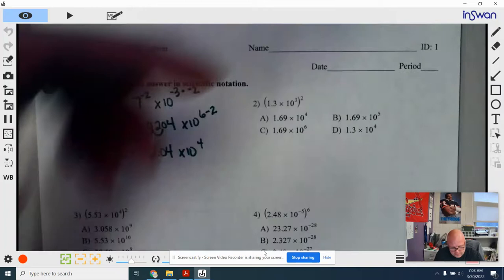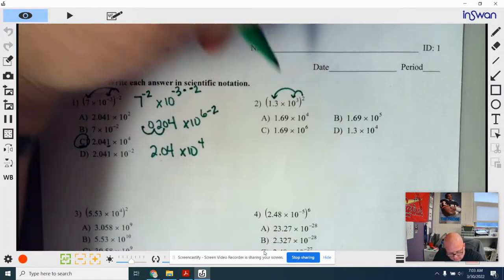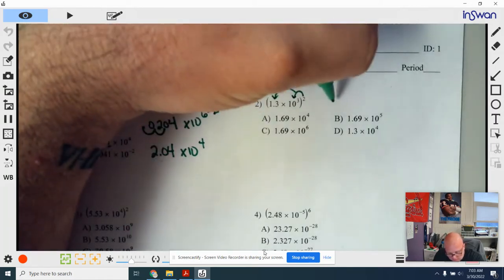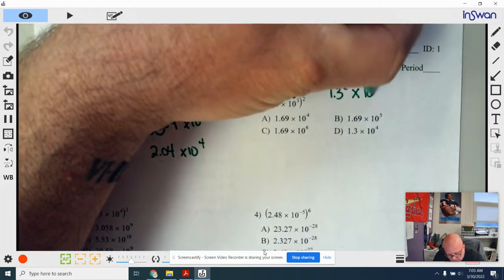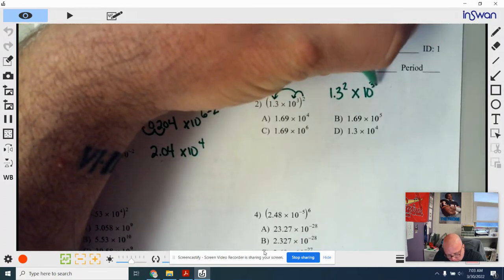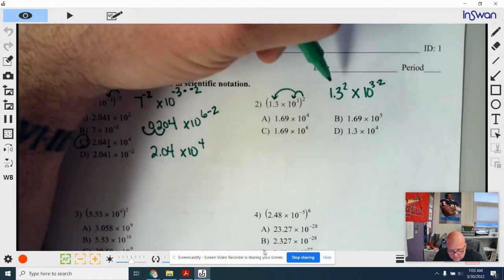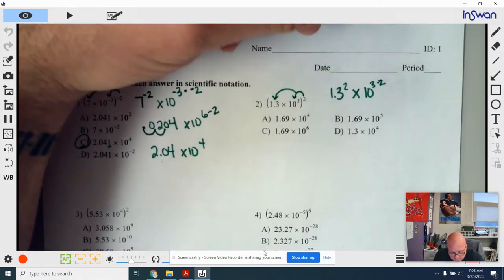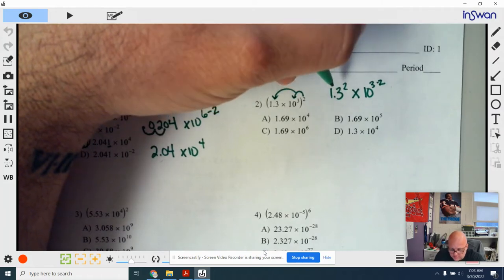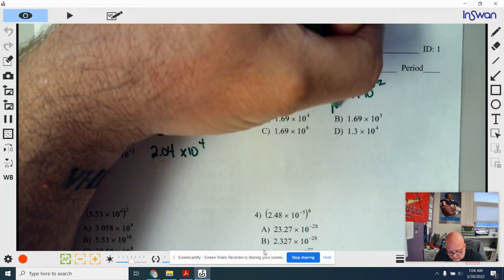All right, number 2. So let's go ahead and distribute in. So you got 1.3 squared times 10 cubed, then times 2. Okay, so if I think of 1.3, remove the decimal, 13, 13 squared was one of our math facts we did earlier in the year, and 13 squared ended up being 169.